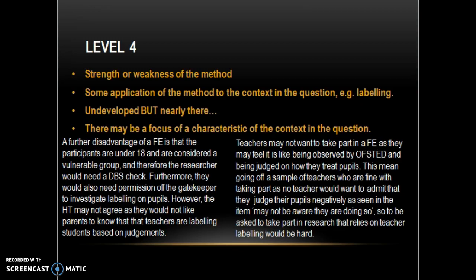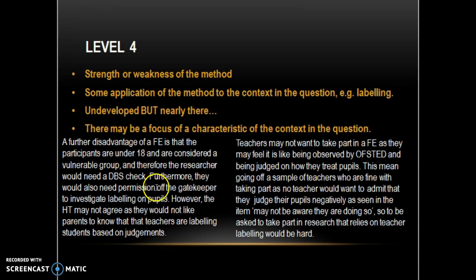We're starting to see more developed answers here. These examples show a clear application to the school context, generally of research in general, but it is applied to the context in the question, in this case a little bit about labelling. So for example, this first one holds a decent weakness of field experiments being about consent, being under 18, needing vulnerable group DBS and things like that, getting permission.